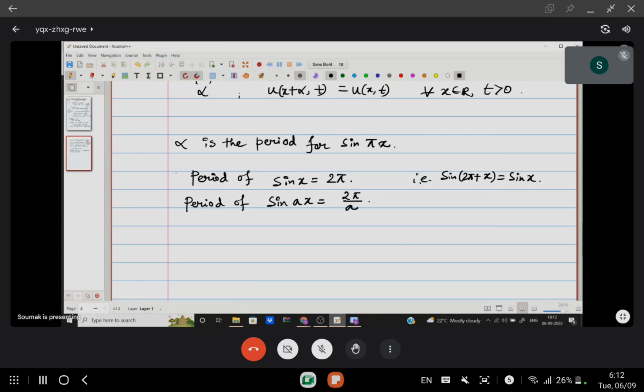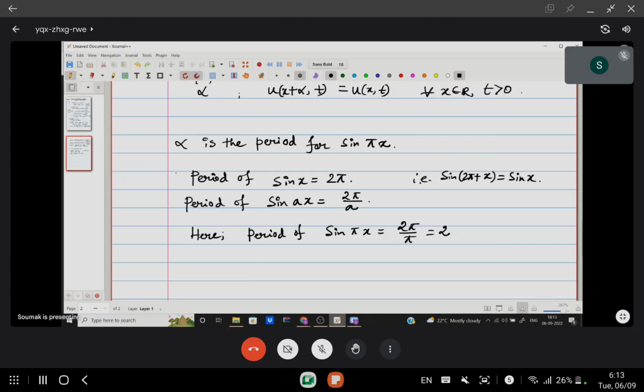That is one relation. So here my a is pi. So the period of sine pi x is 2 pi by pi. That means the period of sine pi x is 2.